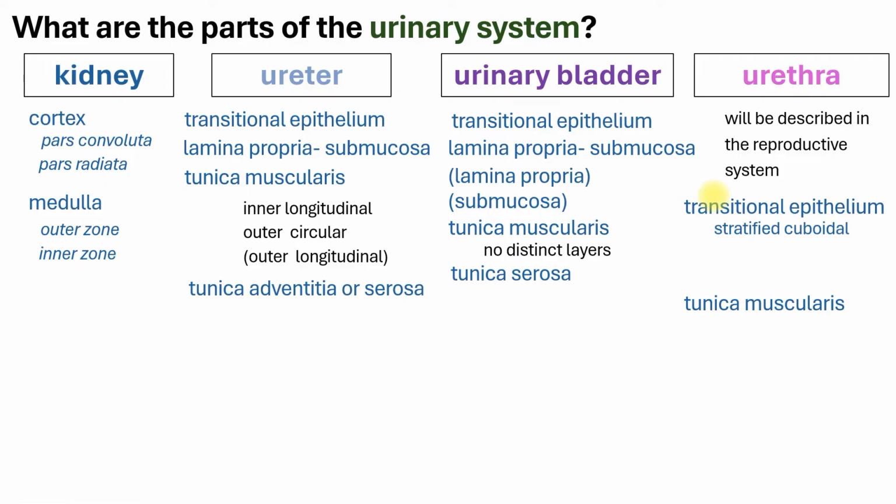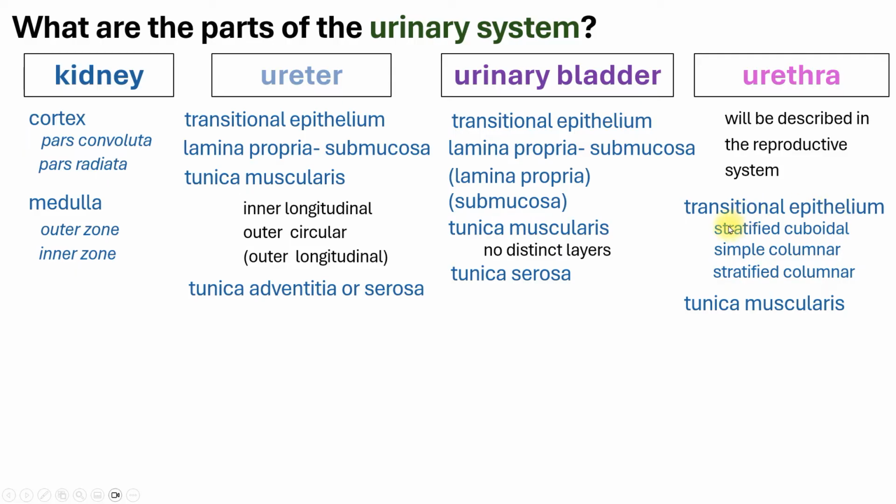The transitional epithelium is stratified cuboidal or simple columnar or stratified columnar depending on which segment of the urethra. No, but the part of the urethra that is still very near to the urinary bladder, it's still transitional epithelium.